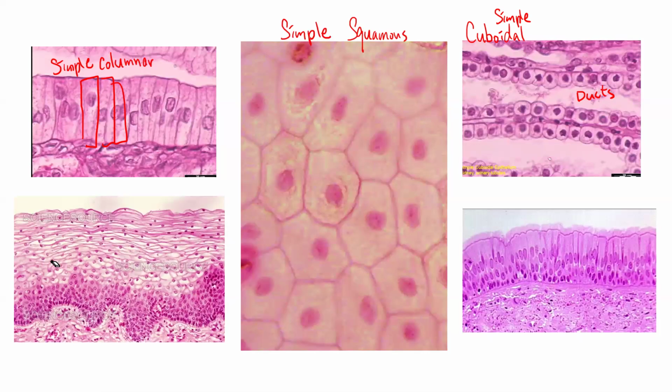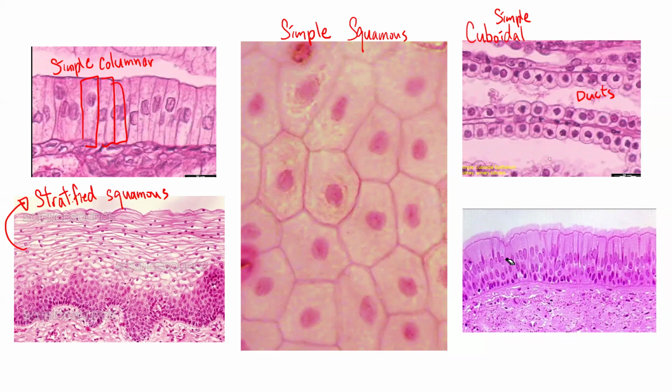Now this one here is really, really crowded, right? And it's a bunch of flat cells stacked layer upon layer, like a pastry, I guess, or lasagna. This is going to be stratified squamous. Stratified squamous. And over here, you can see the cilia.